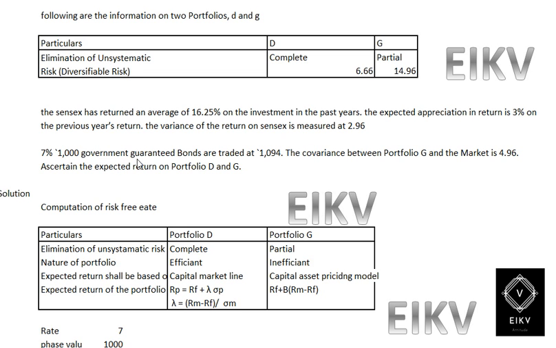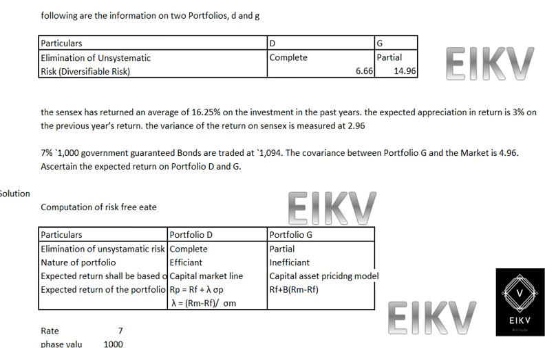Now 7% government guaranteed bonds of face value 1000 are traded at 1094. The covariance between portfolio G and the market would be 4.96. You are to ascertain the expected return of portfolio D and G.